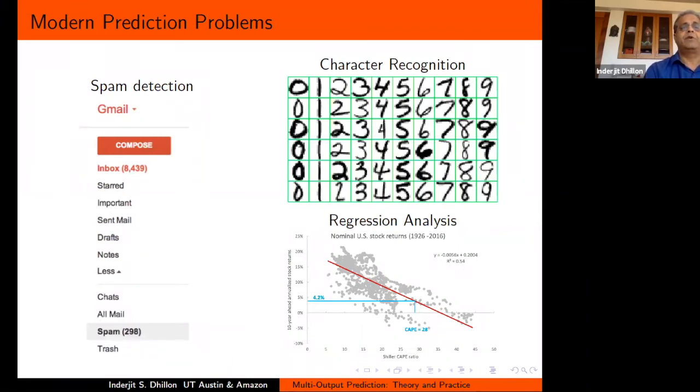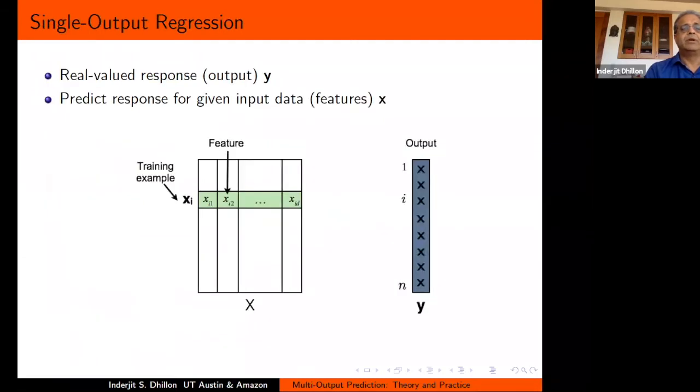So traditionally we have single output problems, for example, spam detection, handwritten digit recognition, or regression where there is exactly one target variable or one output variable. So here is the setting over here.